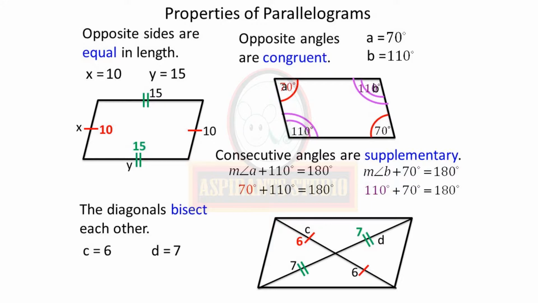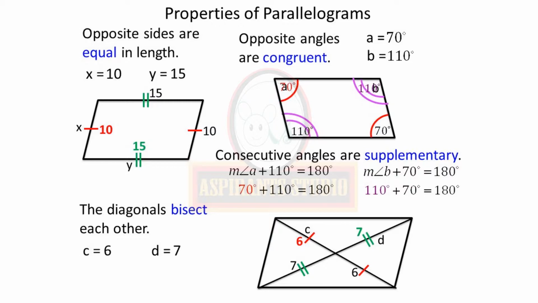Similarly, 70 degrees plus 110 degrees will become 180 degrees, where 70 degrees and 110 degrees are measures of the consecutive angles. Similarly, when you take 110 degrees and 70 degrees as the measures of consecutive angles, you add and see, you will get the sum to be 180 degrees. So, we can say that the consecutive angles are supplementary.